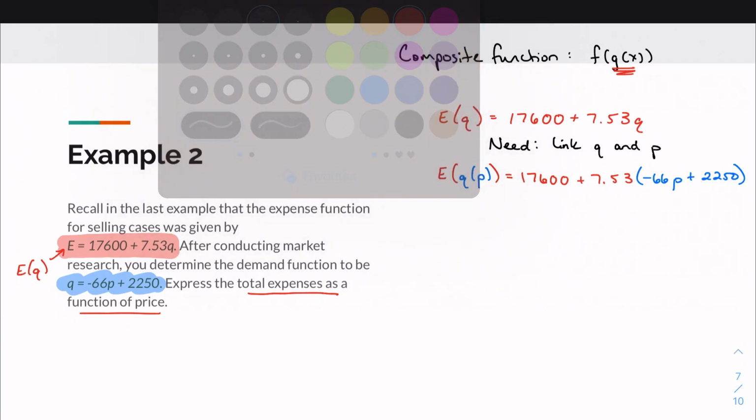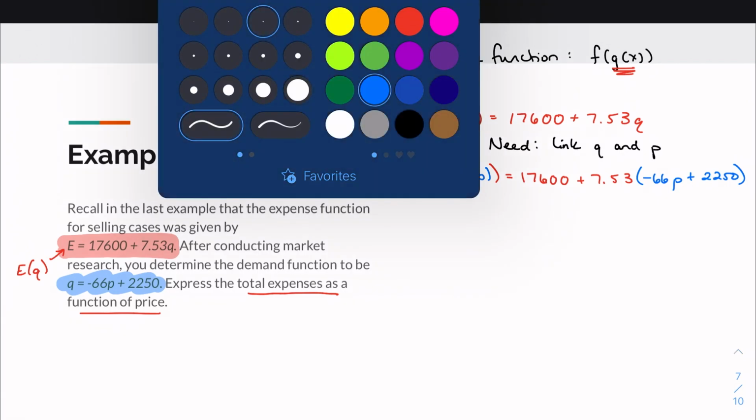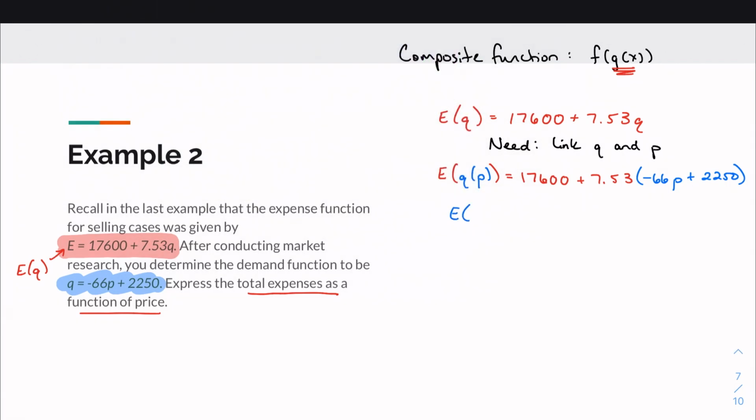So I'm going to go ahead and simplify this now. Actually, I'm going to use a whole new color just to show that we've done this, right? Expense in terms of price now because my variable is P.